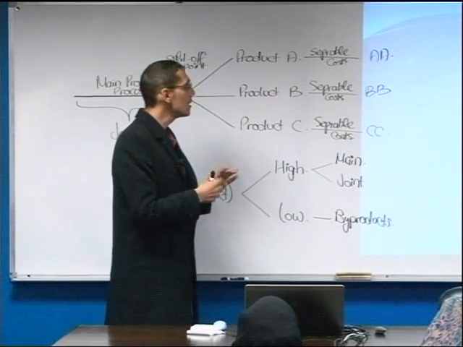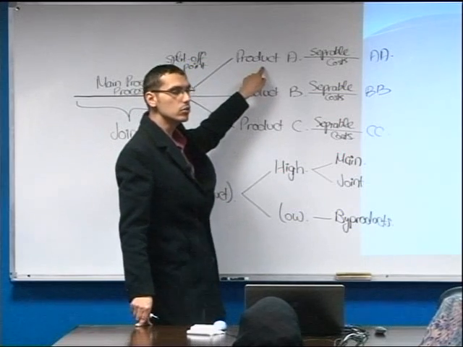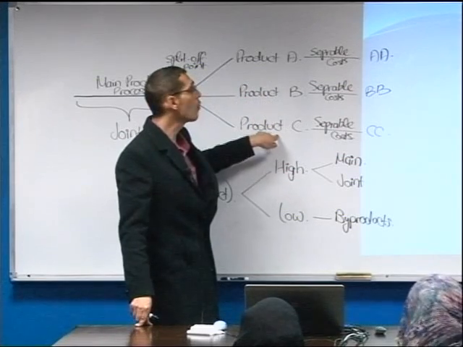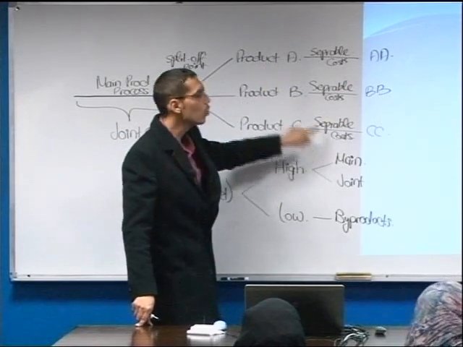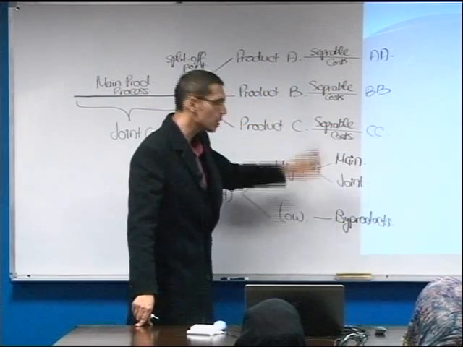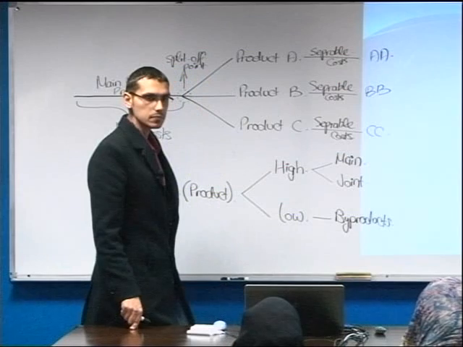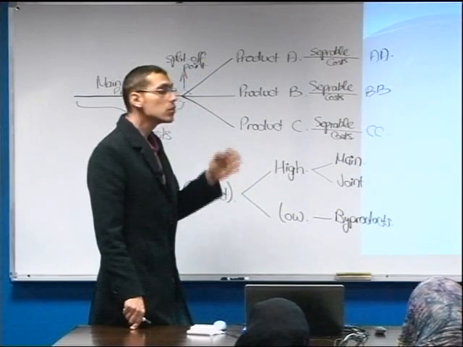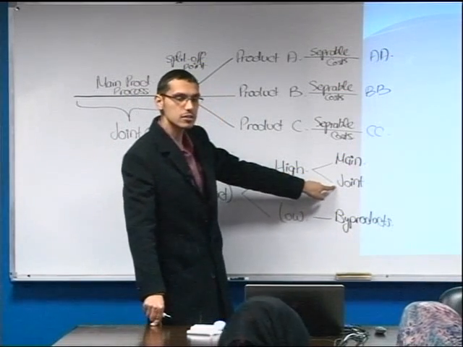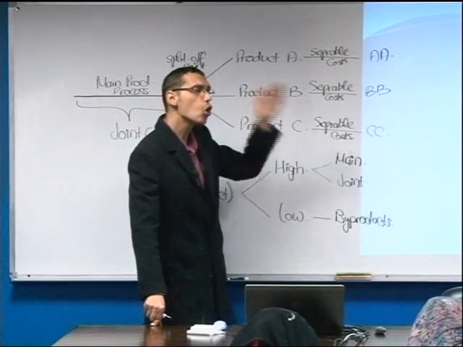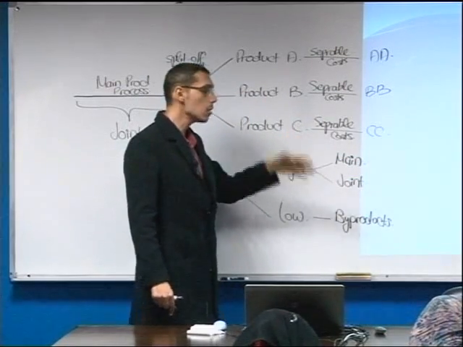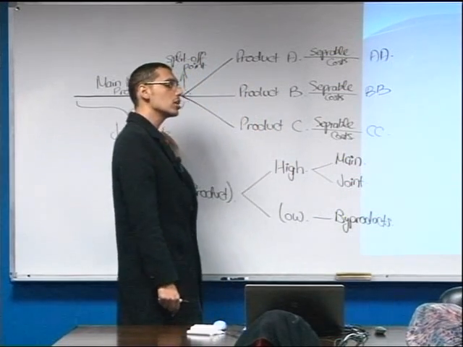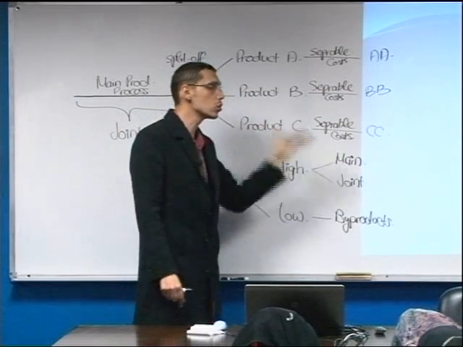On the other hand, if product A has a high value, while product B and C have low values, therefore product A is called a main product, while product B and product C are called byproducts. As we said, if we have two or more, or more than one high positive sales value products that were yielded from our joint process, these products are called joint products.